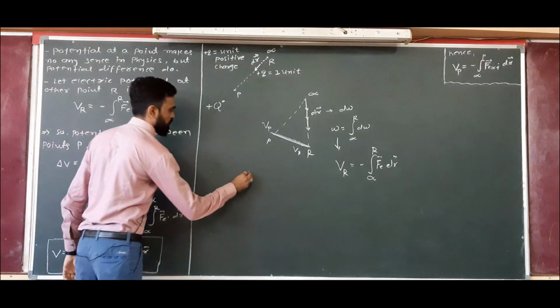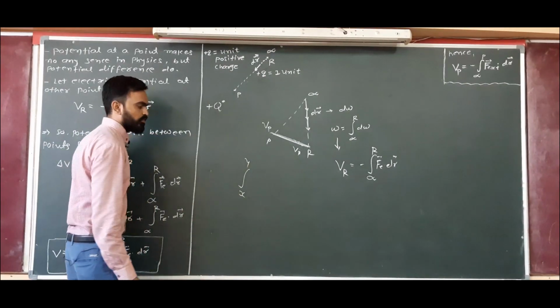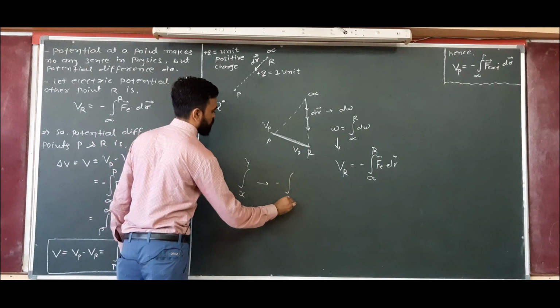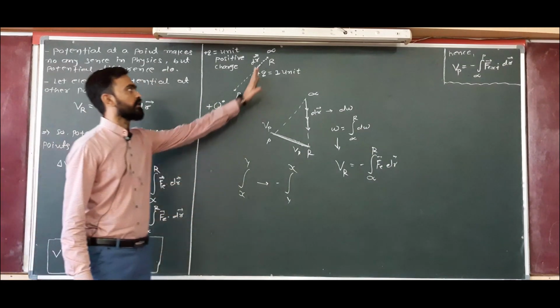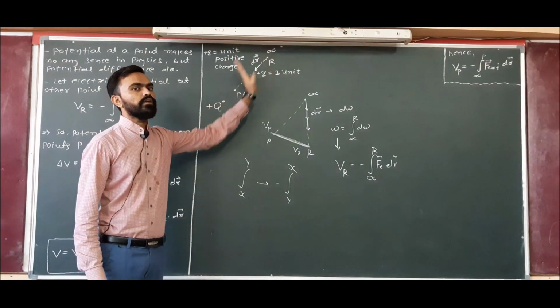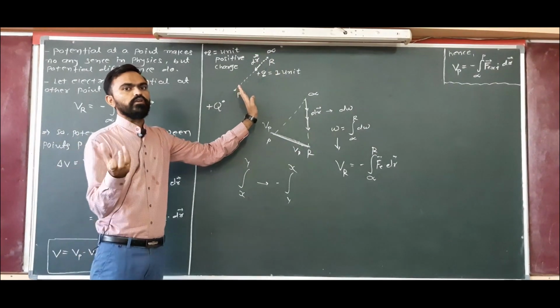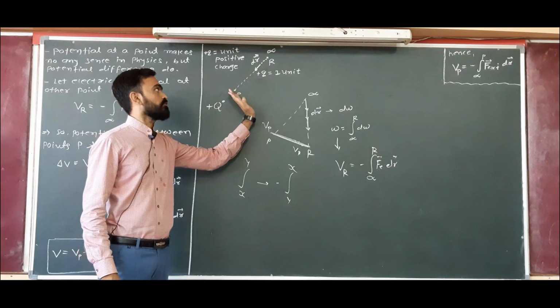Whenever you have something like integration x to y, if you take the negative of it, it becomes y to x, so the position will change. Here we had integration from infinite to p. If I take the negative outside the integration, then its limits will change to p to infinite.